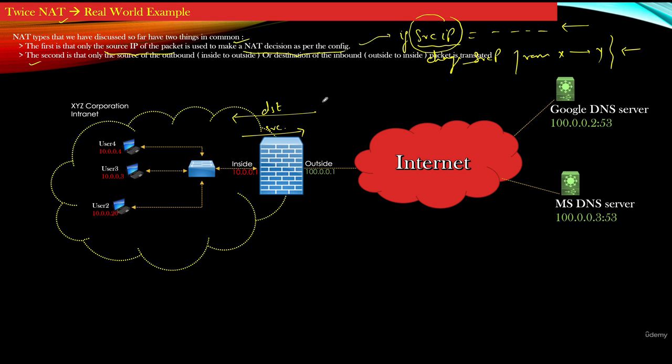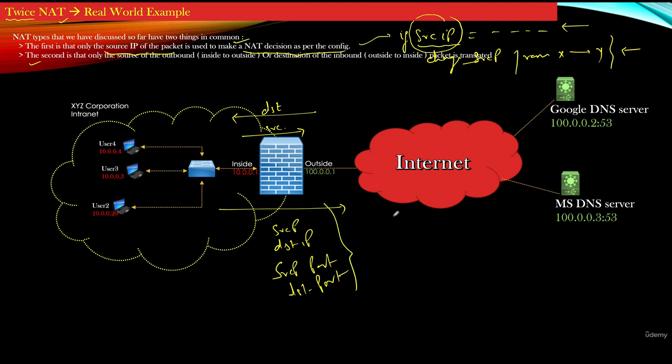So this is where twice NAT fits in. In twice NAT, as the name suggests, it is twice. That is, if the packet is going from inside to outside interface, the source IP address, destination IP address, source port number, and destination port number, all of these four fields can undergo translation.